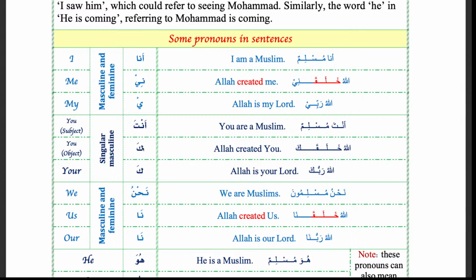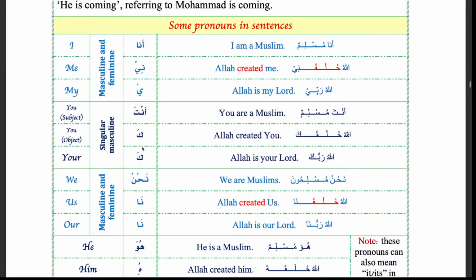Now this here, it's technically 3 different types of pronouns in Arabic combined into one table. But we're going to try to just comprehend it from an English perspective right now, just for the sake of understanding it. Right? This is not a categorization in the Arabic language.